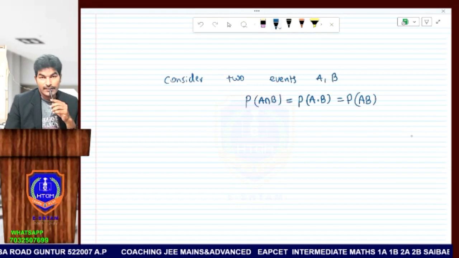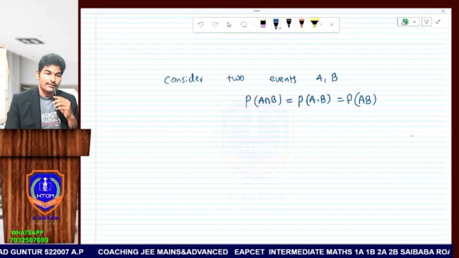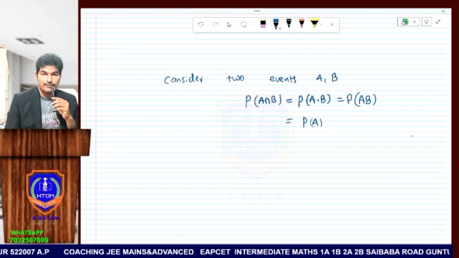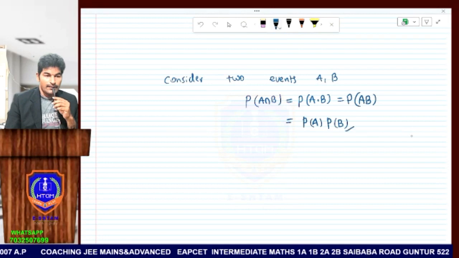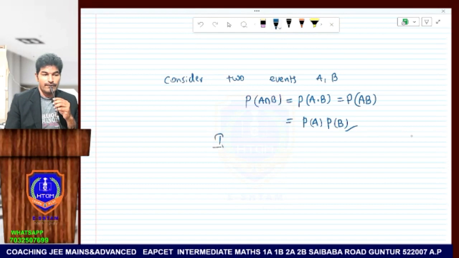AB is nothing but A into B, the same as A intersection B. If it is equal to the product of the individual probabilities, P of A into P of B, then the events A, B are said to be independent events.